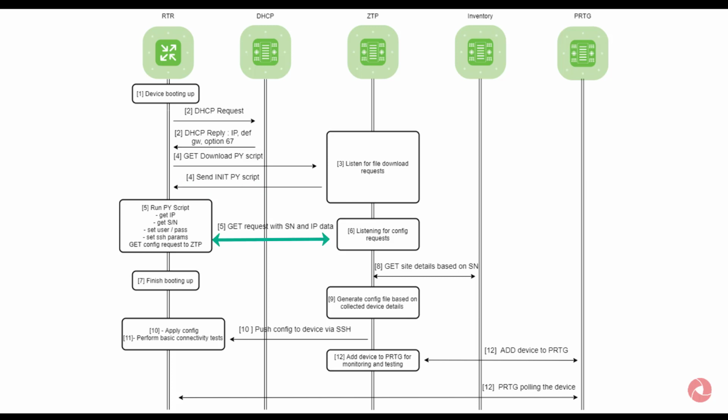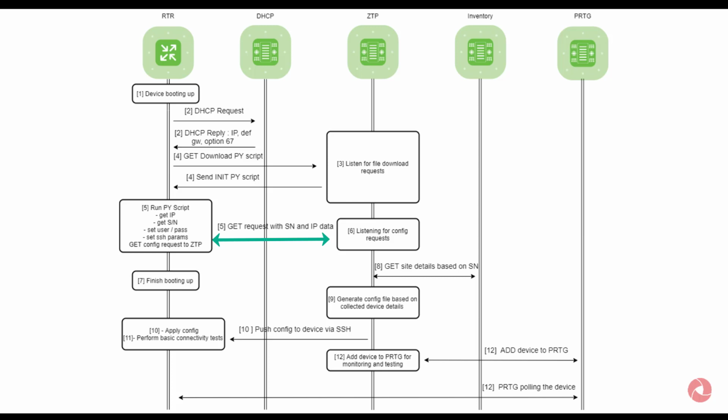As part of initial script, router has to collect local IP address and its serial number, and has to set relevant SSH parameters, after which it sends config request back to ZTP server with included serial number and IP address parameters.